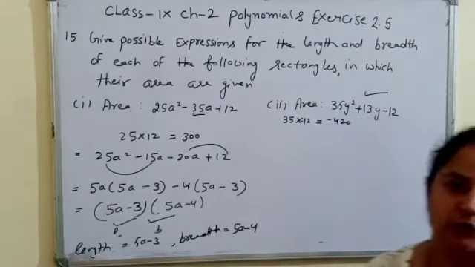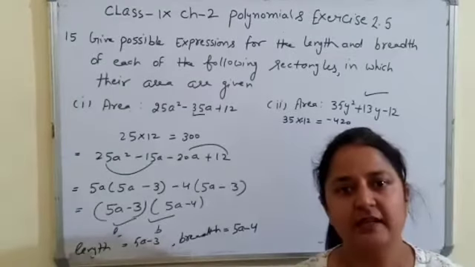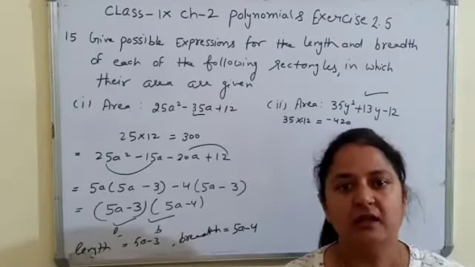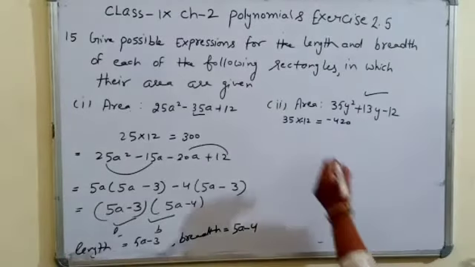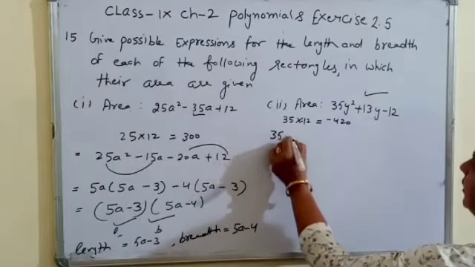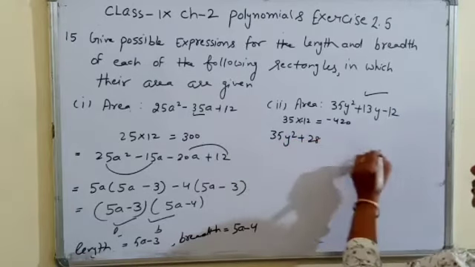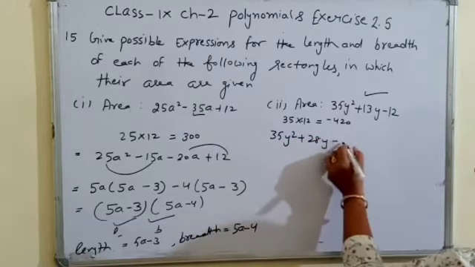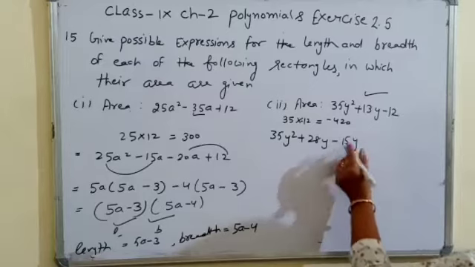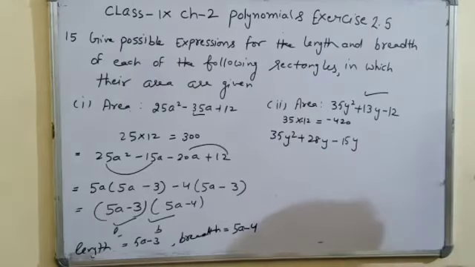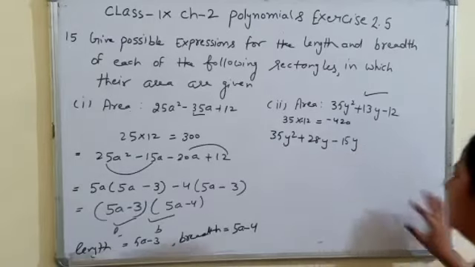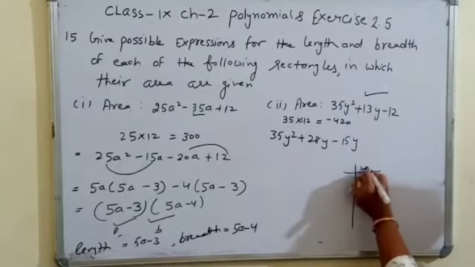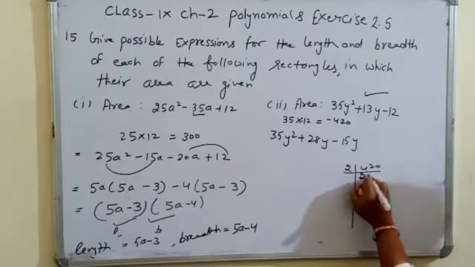So it means we have to take the greater value with the positive sign and the lesser with the negative. So which factors can we make for this? We can write 28y minus 15y. When we multiply 28 and minus 15, the product is 420. You can take the LCM of this.